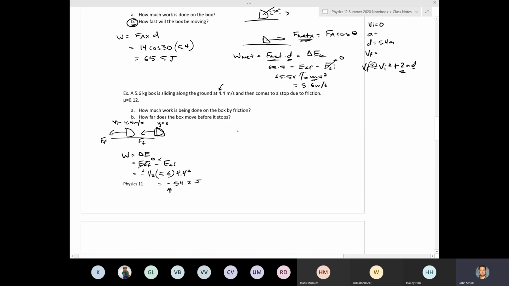How far does the box move before it stops? So for part B, we're going to say how far does it go? We're going to have to go work equals F times D. Now, this is technically FF times D, but because we have a change in kinetic energy, the work being done is actually the net work being done.